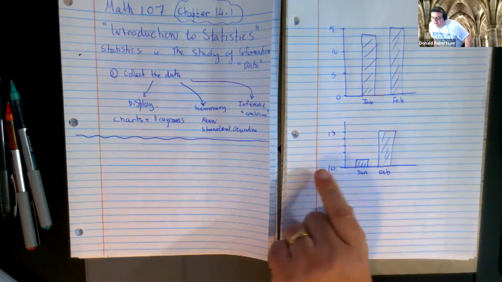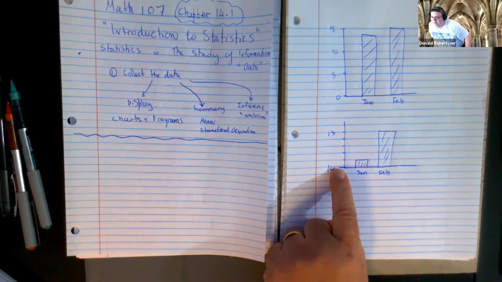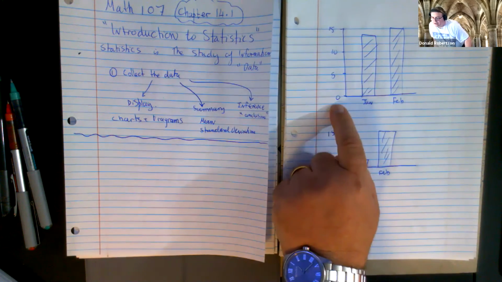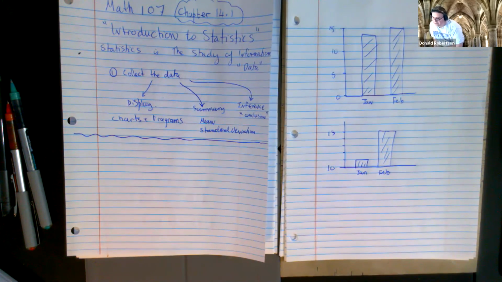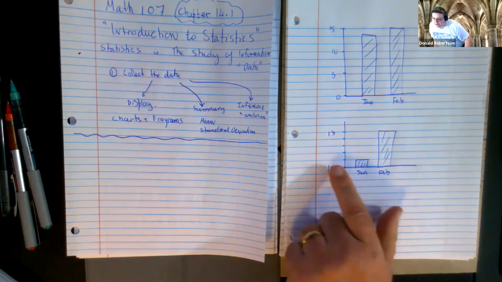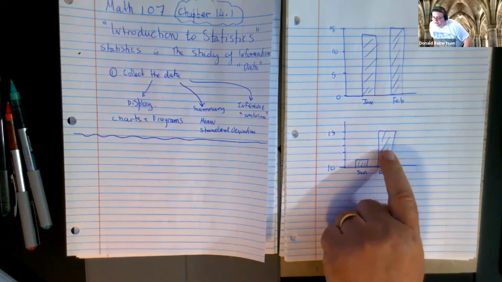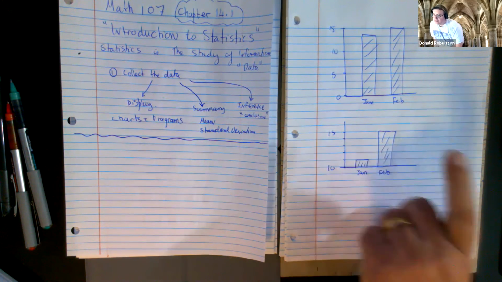Do you see why that's the case? Because I started at a scale of 10. Vertical scales should really start at 0 and go upwards, because that's the only fair comparison. If you choose a different starting point, won't you exaggerate the difference in height? You'll make that difference look like it's a lot bigger.